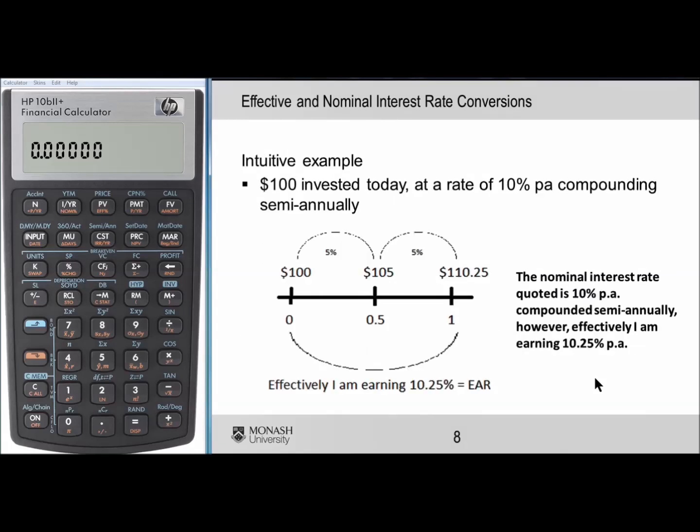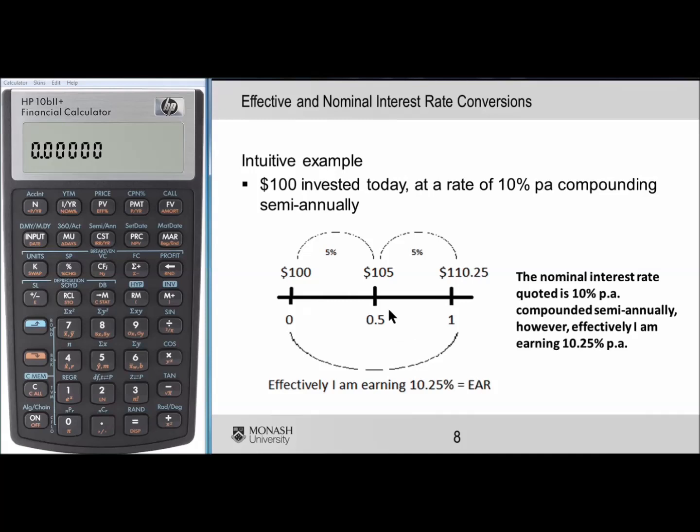Let's look into an intuitive example. Suppose $100 invested today at a rate of 10% per annum, compounding semi-annually. So since 10% nominal rate does not consider compounding effect, we can evenly break it into two semi-annual periods for 1 year, with each semi-annual period earning 5% interest.